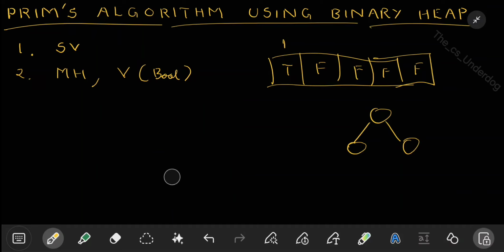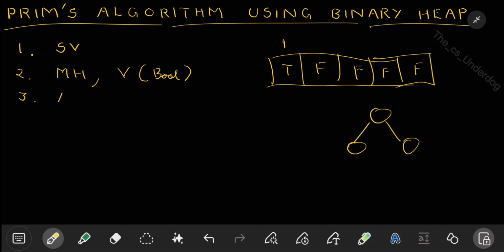Once you have all the edges connected to the starting vertex added to the min heap, now you can start. Okay, let me write this step. One is you have to identify the starting vertex. You identified that. Then you have a min heap which is presently empty. Then you should have a visited array which is all Boolean, with true for the starting vertex and false for all others. And what is the third step?